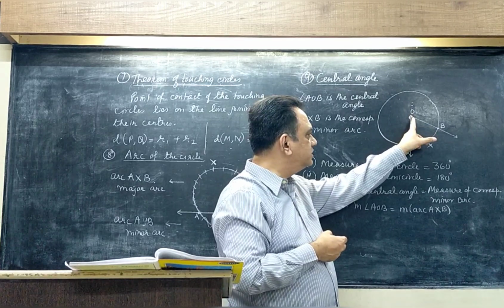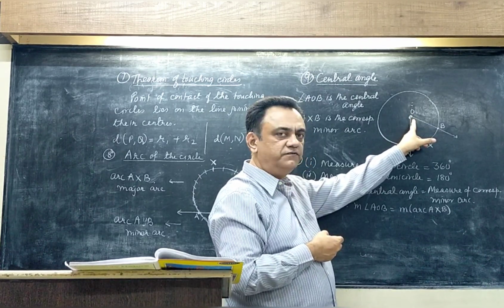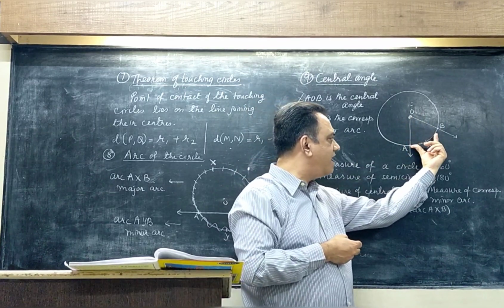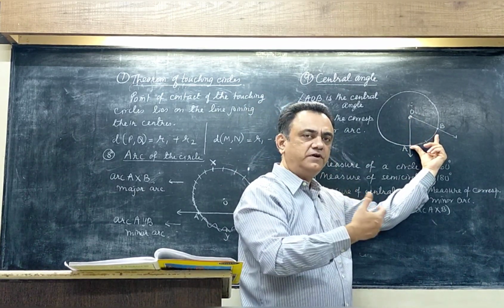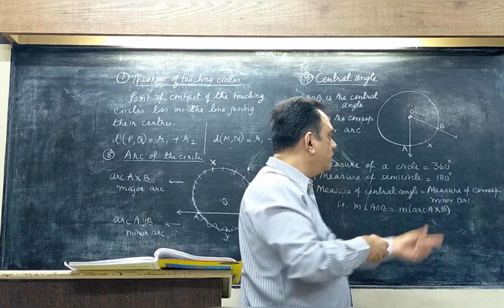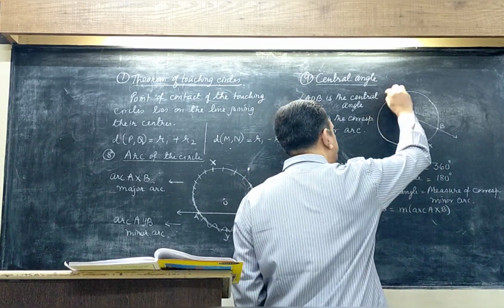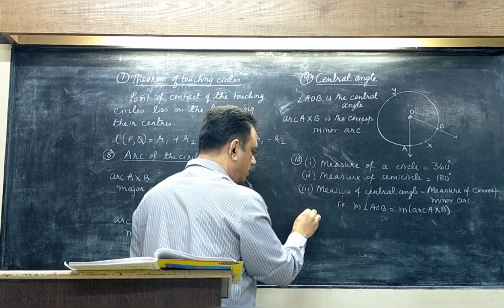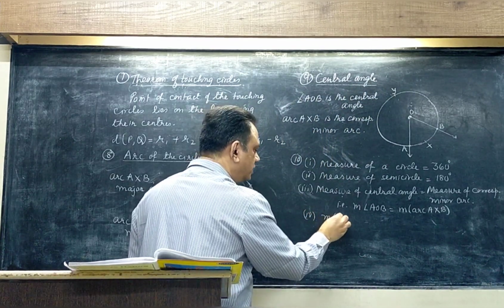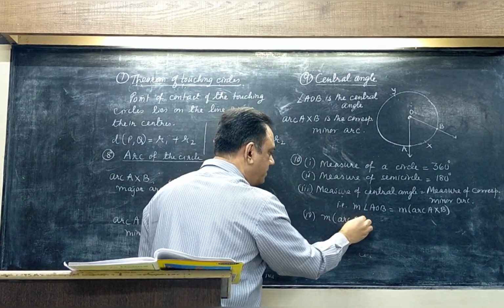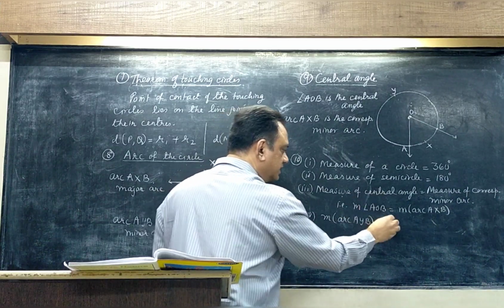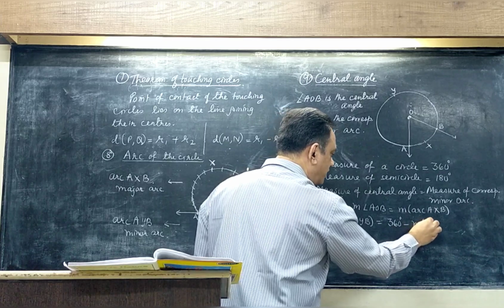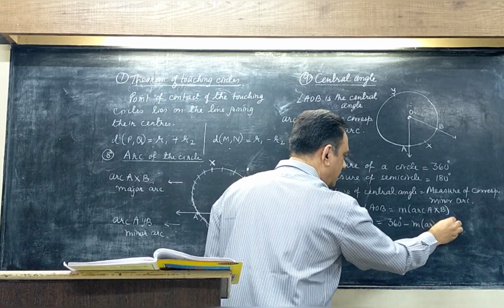If I say measure of angle AOB is 50 degrees, reverse order, so what will be the measure of arc AXB? 50 degrees. Then what will be the measure of this major arc AYB? Fourth point. Measure of arc AYB, the major arc, is 360 degrees minus the measure of arc AXB.